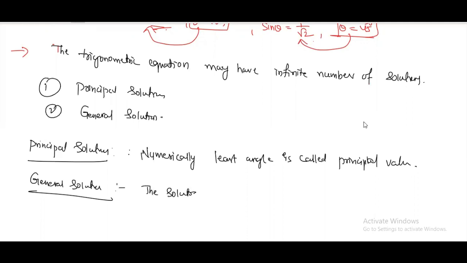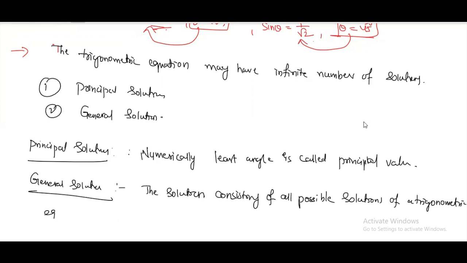The solution consisting of all possible solutions of a trigonometric equation is called its general solution. This is how we define the two types of solutions for a trigonometric equation: one is the principal solution, and one is the general solution.